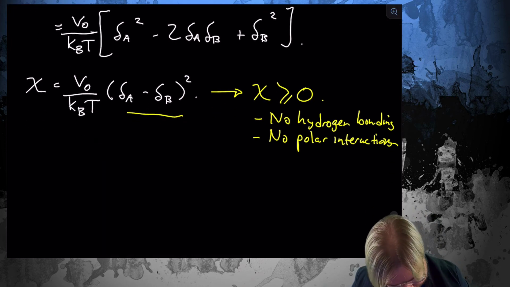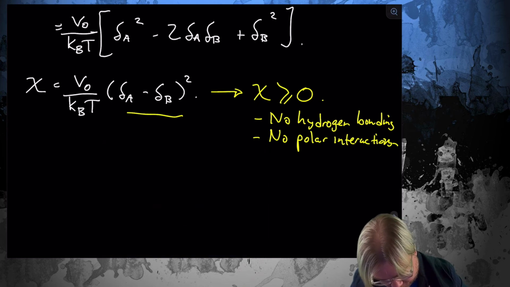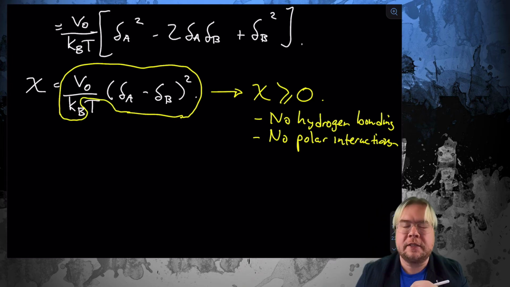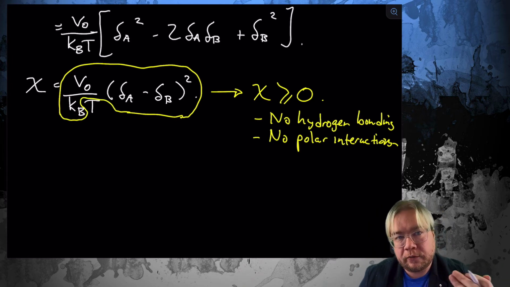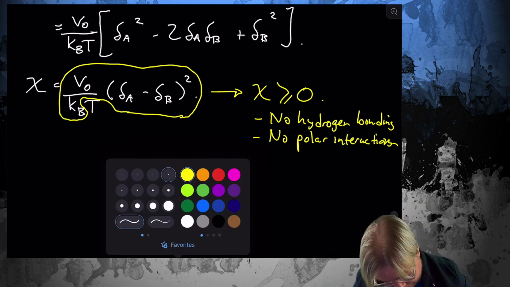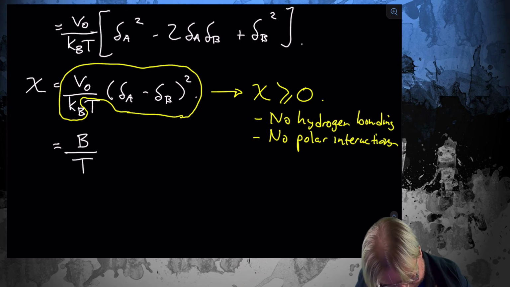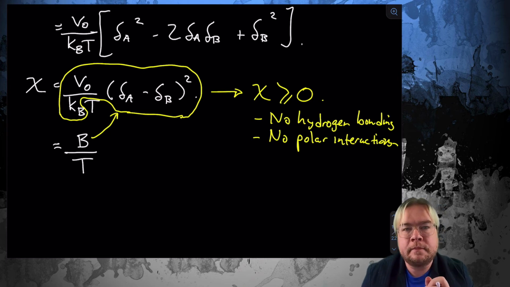You can see I've got a term that looks like this that doesn't depend on temperature. They're more or less just constants. So I could also write this chi parameter as B divided by T, where B is equal to everything in that box.